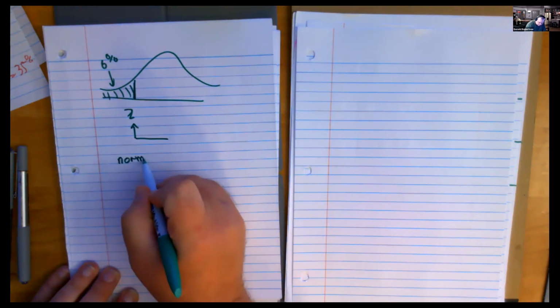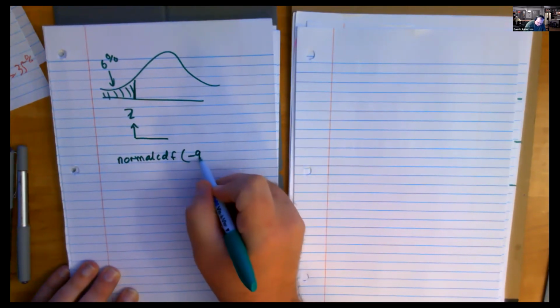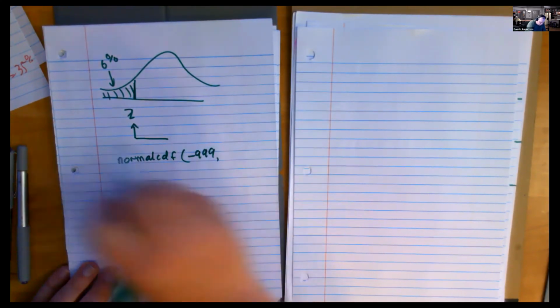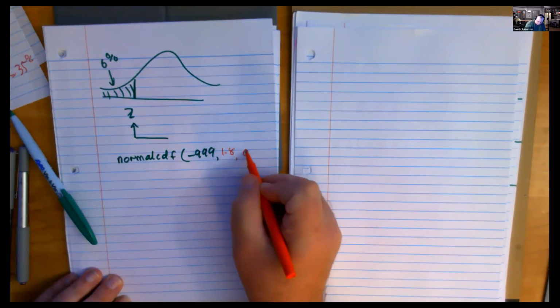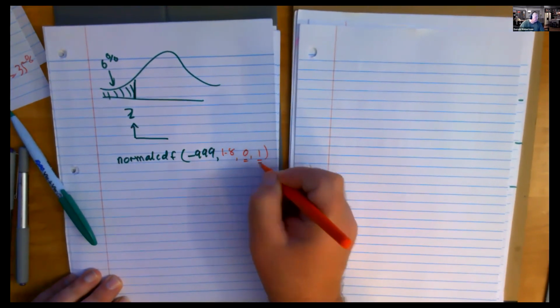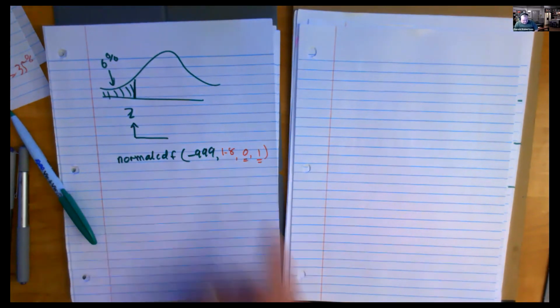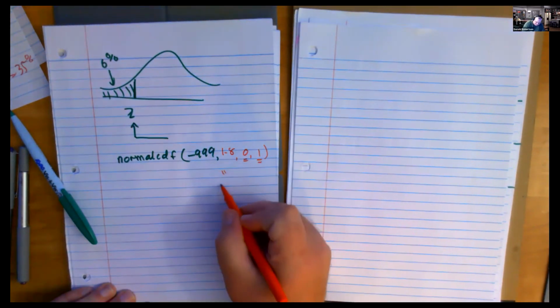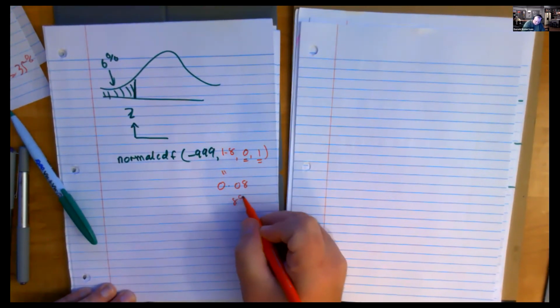Couldn't you do a normal CDF, negative 999, choose a number like 1.8, 0, and 1. Now, because it's a normal z-score, aren't these 2 numbers guaranteed to be 0 and 1? Right, they're always 0 and 1. Now, you try that answer, and you get 0.08, which is 8%.